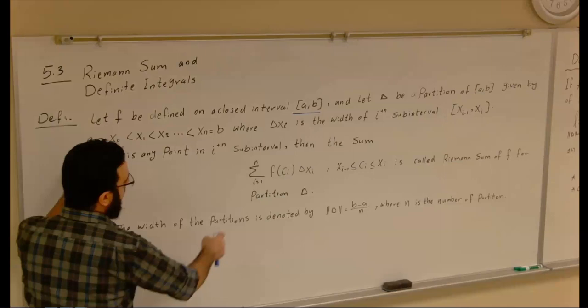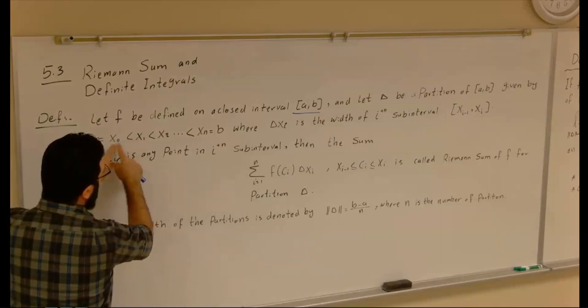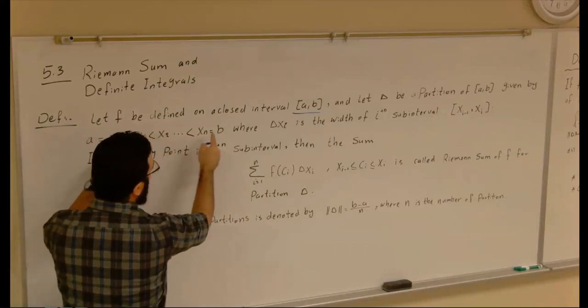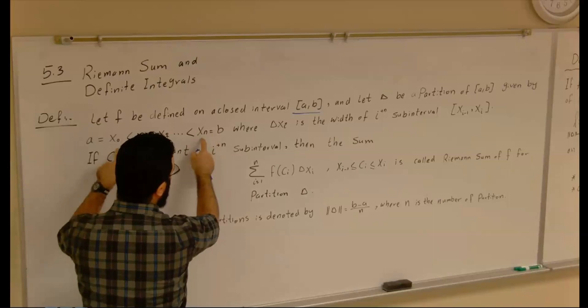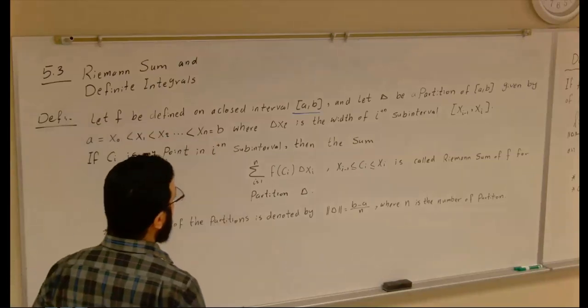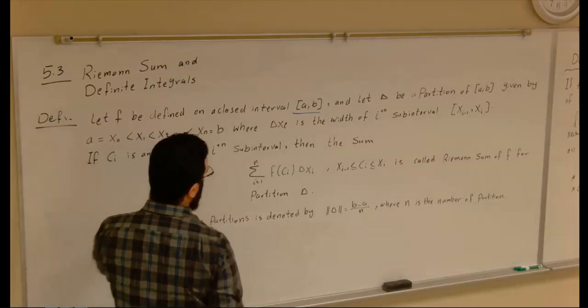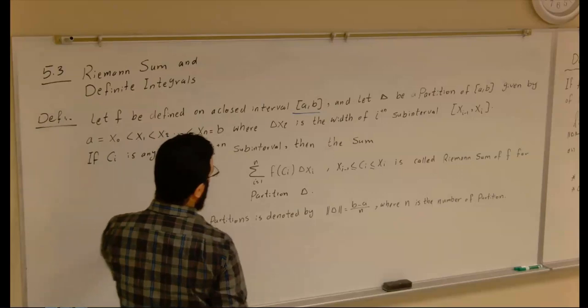So we're going to divide into x0, x1, x2, x3. That's why x0 is less than x1, x1 less than x2, and keep going until xn, which is equal to the last number of the interval. Where delta xi is the width of the subinterval i.